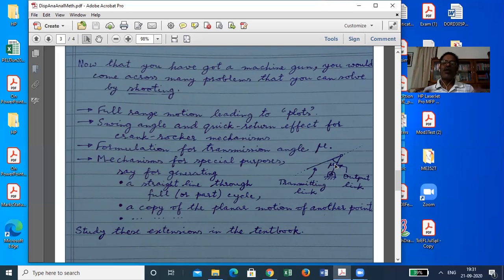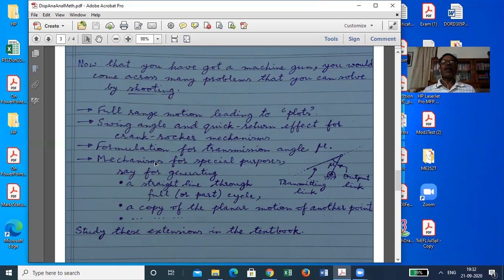For example, it should not fall below 30 degrees, because at 30 degrees only half the force will be transmitted, since sine 30 degrees is half. If even half the force cannot be transmitted, then what is the use? So you say that the transmission angle should be at least 30 degrees, preferably better than that. You can make that formulation and check very easily. You can work out formulas for that.